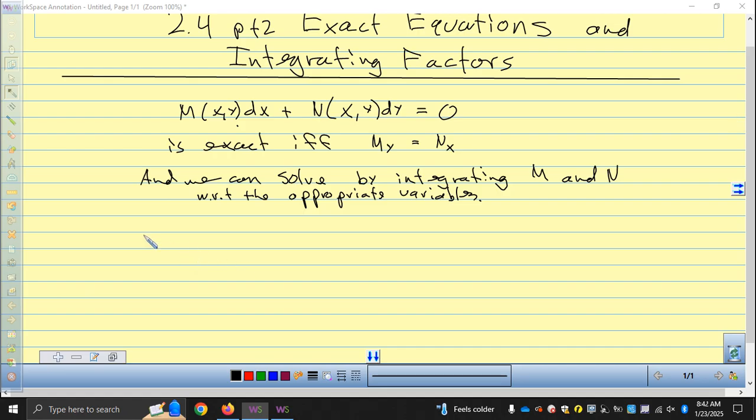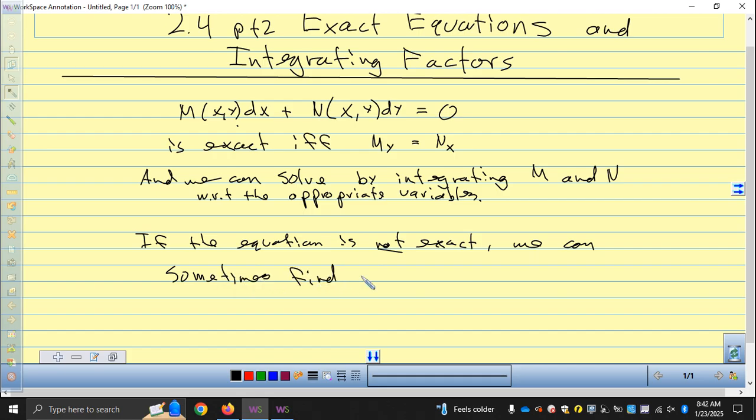So if the equation is not exact, we can sometimes find an integrating factor that will make it exact.